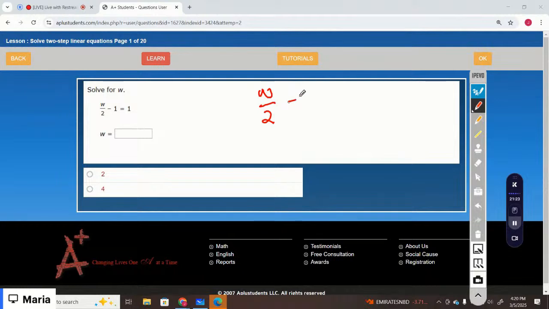Let's just do the inverse operations. Add 1 both sides. W over 2 equals 2. Now you have to remove that 2. So multiply 2 both sides. That is W equals 4.